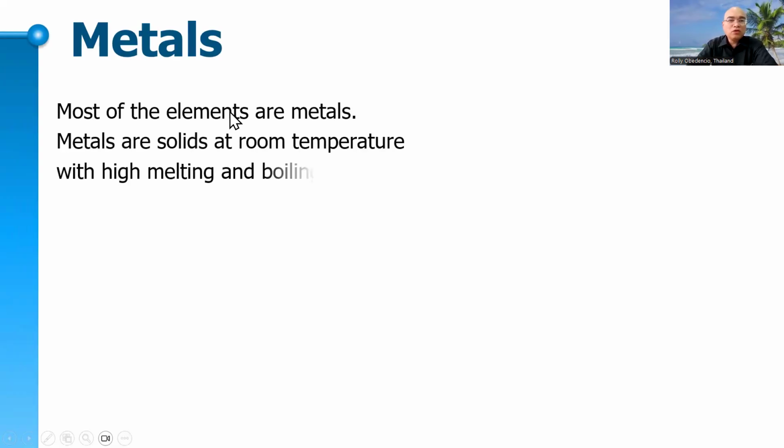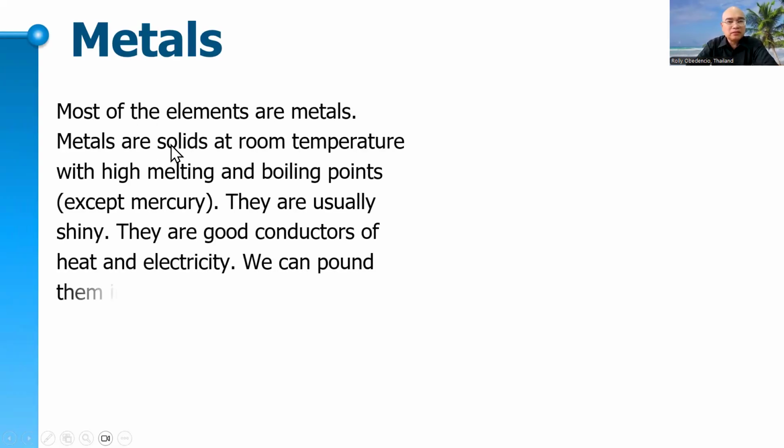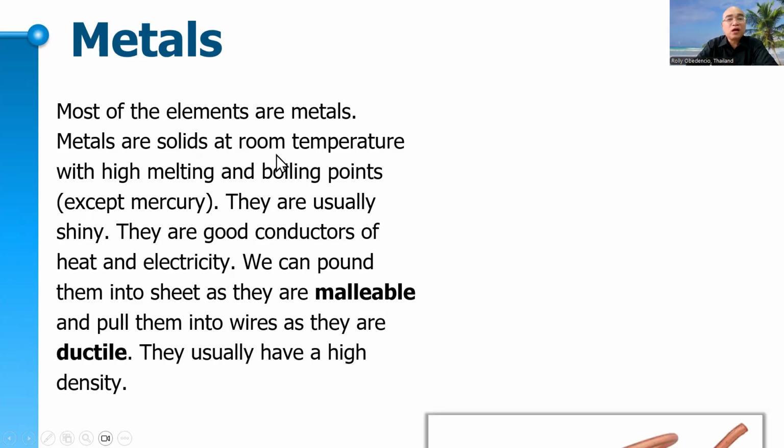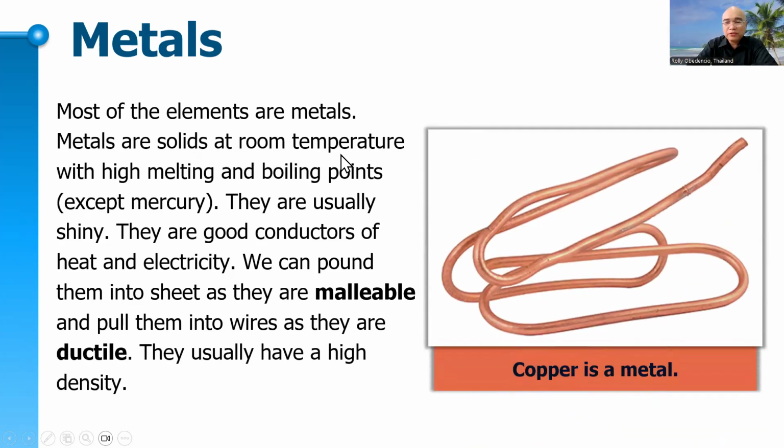Most of the elements are metals. What are metals? Metals are solids at room temperature with high melting and boiling points, except mercury. It's liquid, right? They are usually shiny. Look at that. They are good conductors of heat and electricity. We can pound them with a hammer or anything like it.